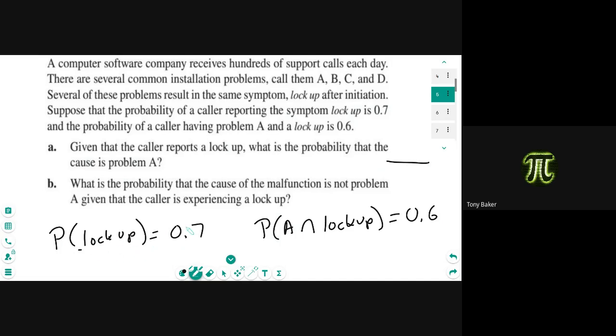Since they've called about a lockup, the lockup's on the bottom, because that's the initial statement. We know that that's the case. And then what's the probability that A is the cause given that? That's the 0.6, the intersection. So in essence, it's 6/7.